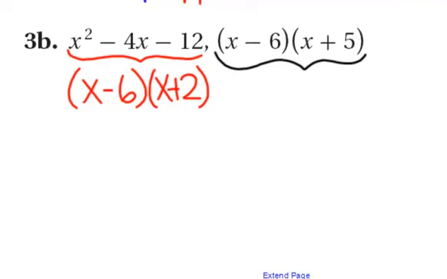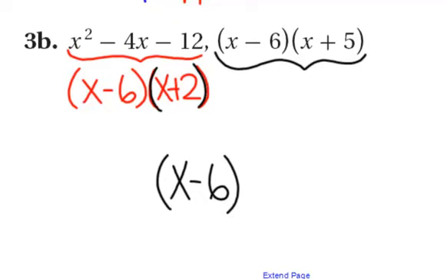So remember, the least common multiple has to have something that everybody can fit into. So we basically want one of each, one of every part. So since both of these have an x minus 6, that has to be in my least common multiple. This first one has an x plus 2. The other one doesn't, but I could easily make it have an x plus 2 if I multiplied it by that.